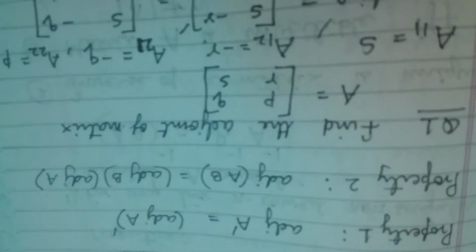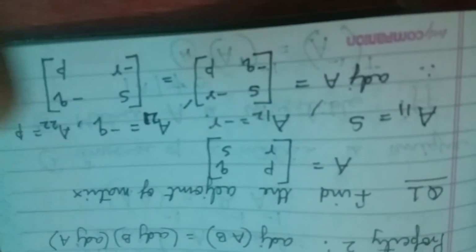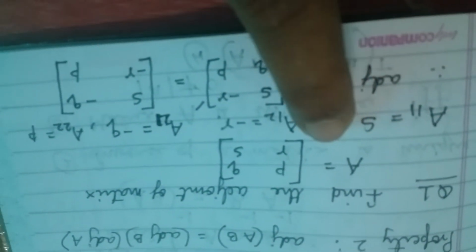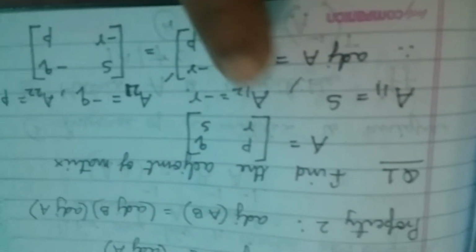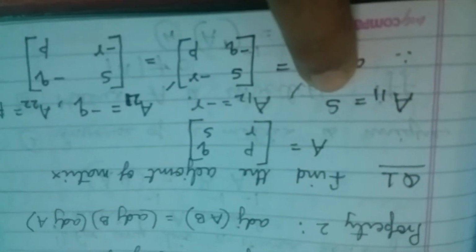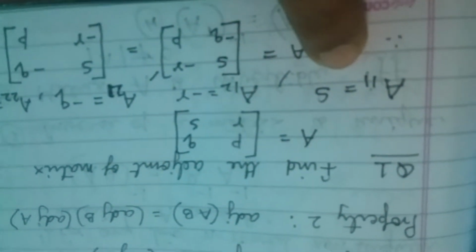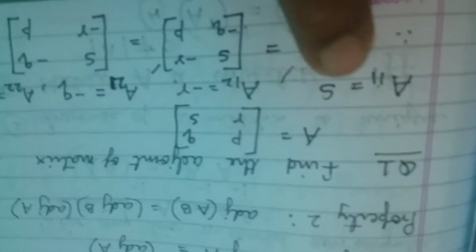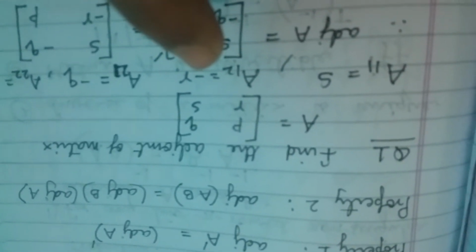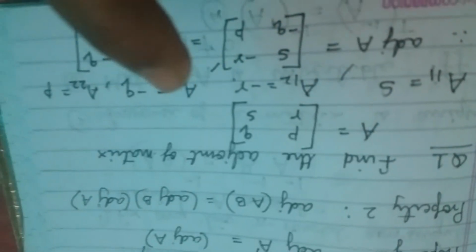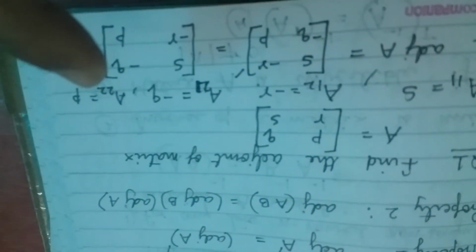Now we will consider one example of how to find the adjoint of a matrix. Suppose I take a matrix A with elements P, Q, R, S like this. We will find the cofactors of each element. A11: hiding the row and column, we get S. Alternately the sign will change, so it will be minus. Then A12 will be this, A21 is this, A22 is this.